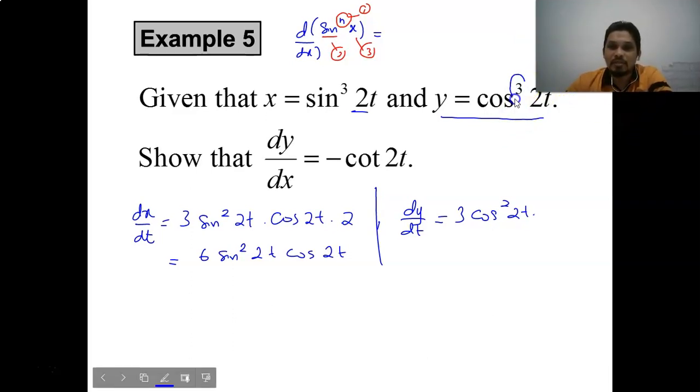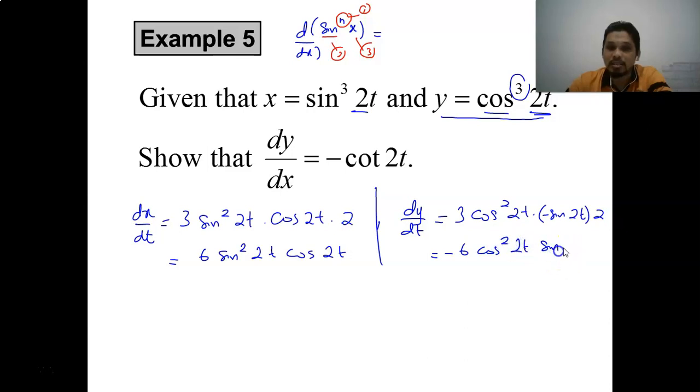First we differentiate the power, 3 cos squared 2t, and differentiate cos, which gives negative sine 2t, and differentiate 2t equals 2. So 2 times negative times 3 equals negative 6 cos squared 2t sine 2t.